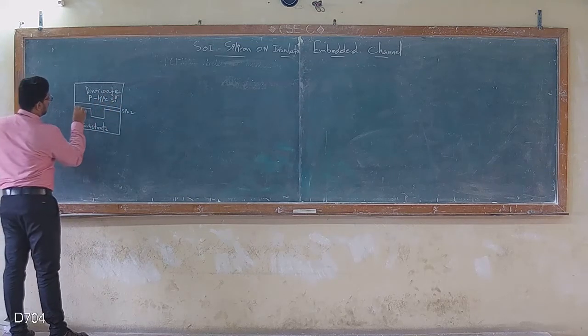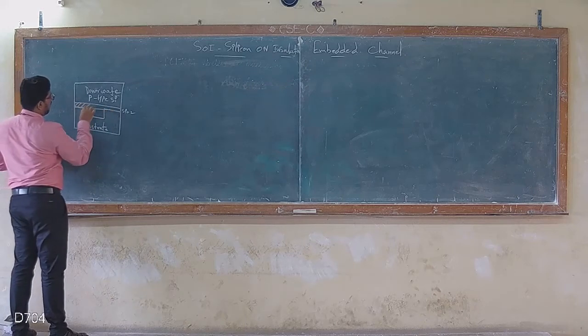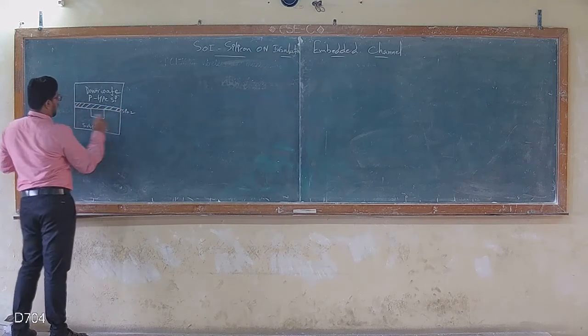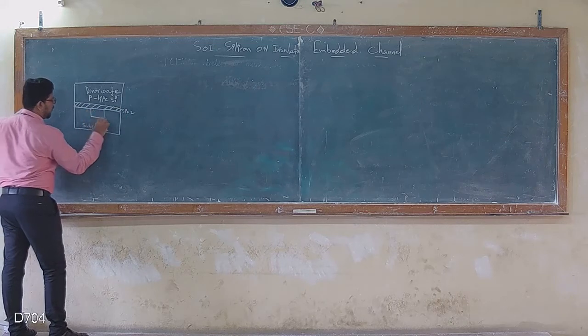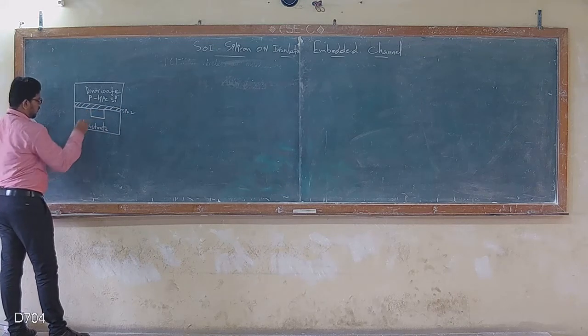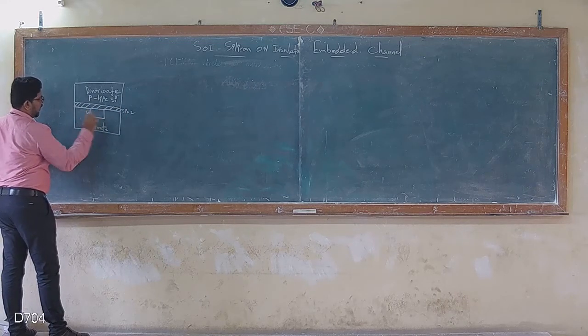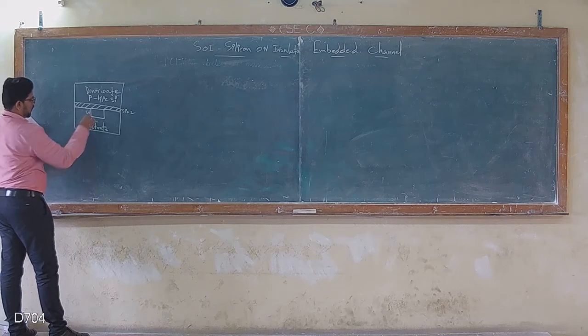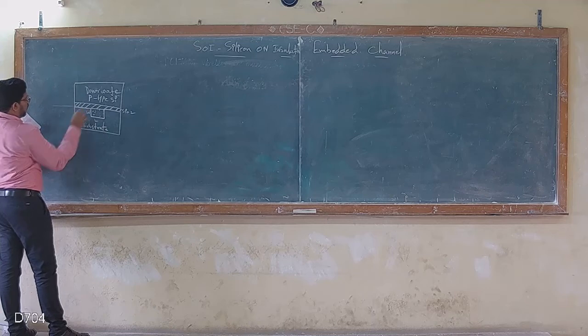This is silicon dioxide. So this is my microfluidic channel. It has its own width, length as well as thickness. This will probably carry some liquid. So you understand there are two portions.